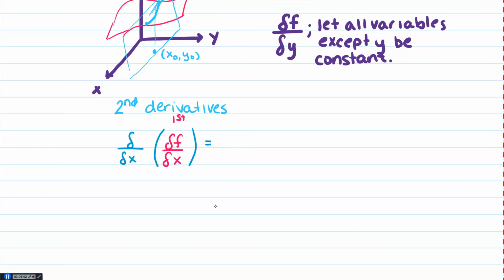It's a mouthful, definitely. So I do the partial derivative of f with respect to x first, and then whatever I got, I would do the partial derivative of that with respect to x.